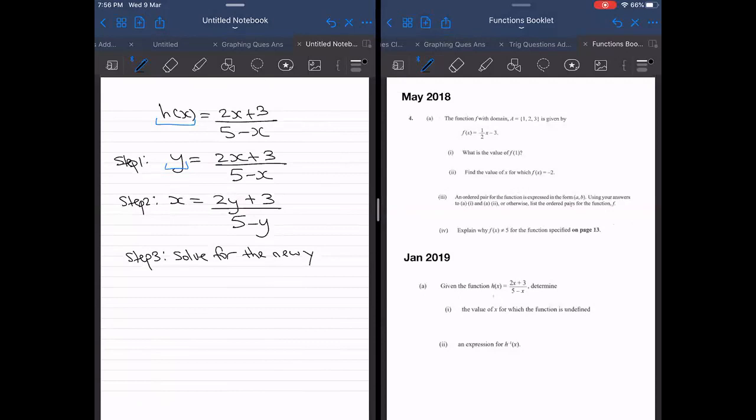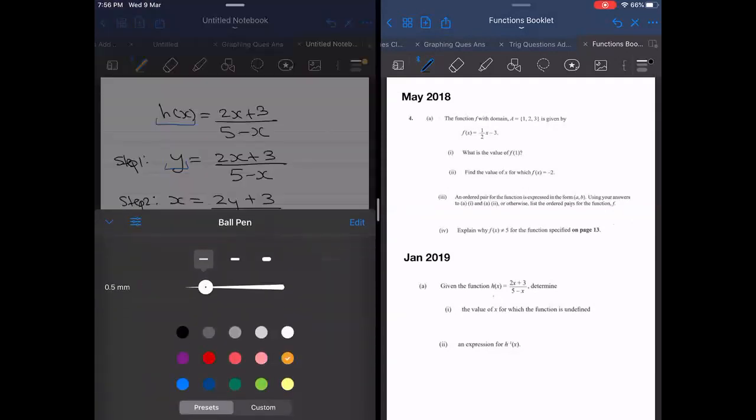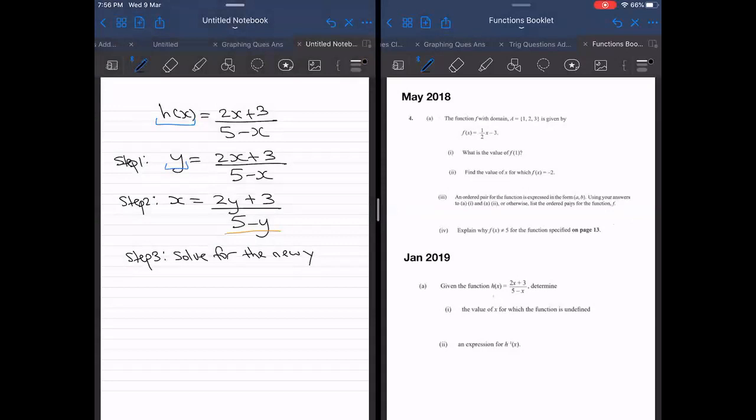So we need to solve for the new y. Based on what we did on Sunday, the 5 minus y, which is dividing, when we take it across, we are going to multiply.